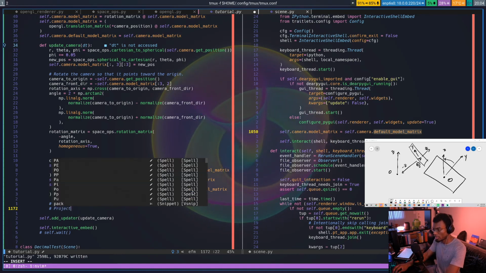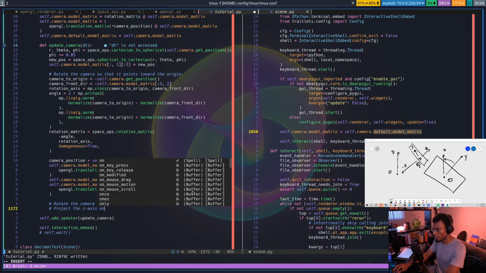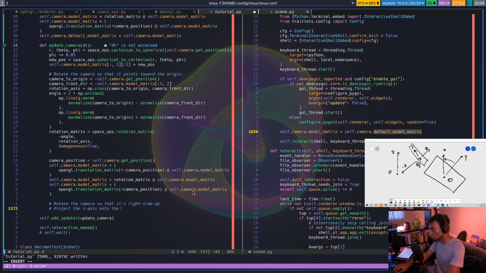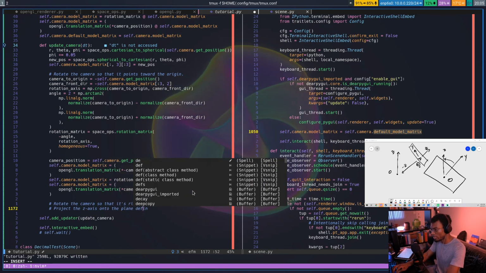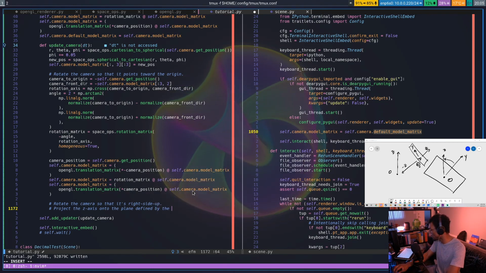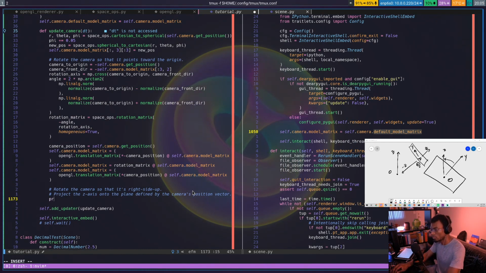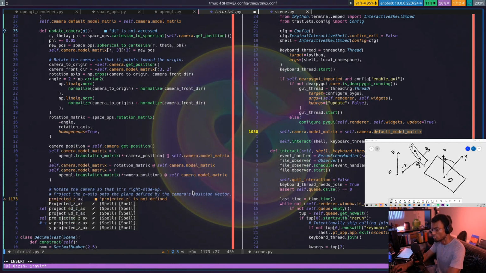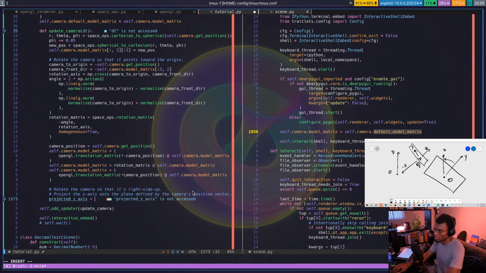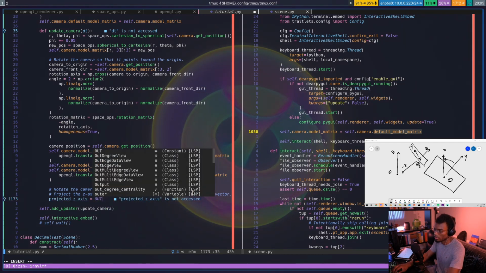I'm gonna project the Z-axis onto the camera's position vector. So projecting, I would take the Z-axis, which is out.